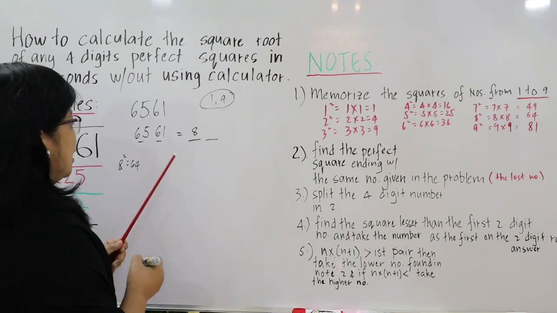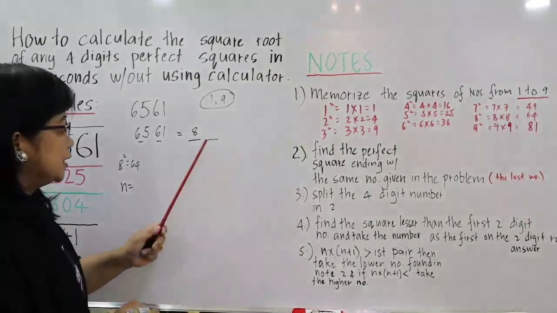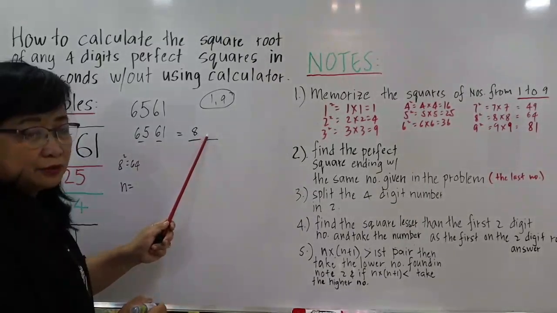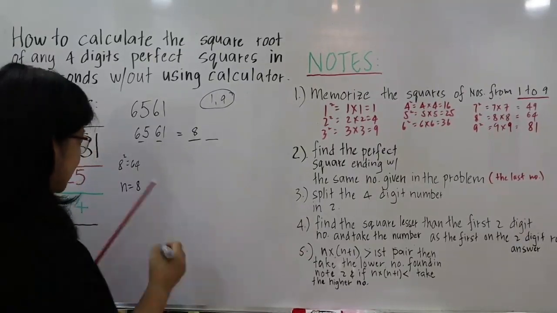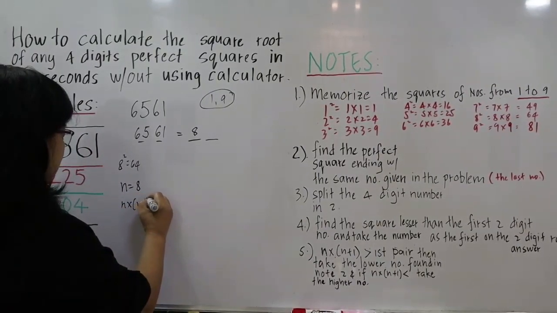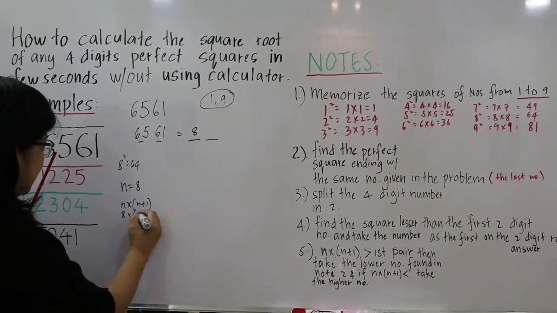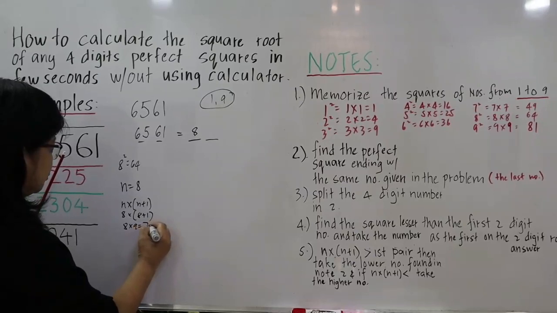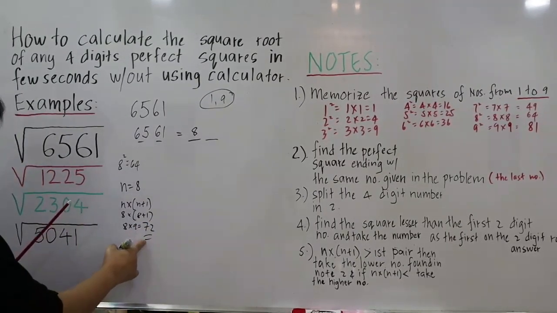Means, for example, we let n be equal to 8. So n times n plus 1 is equal to 8 multiplied by 8 plus 1, which is equal to 8 times 9, which is equal to 72.